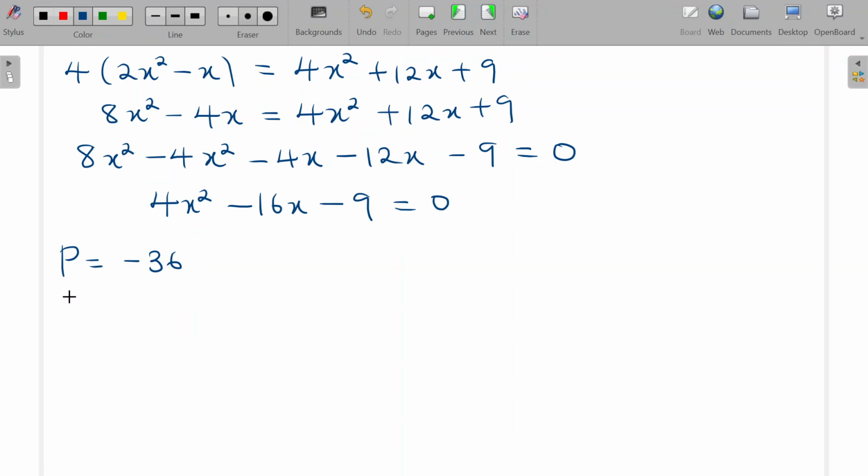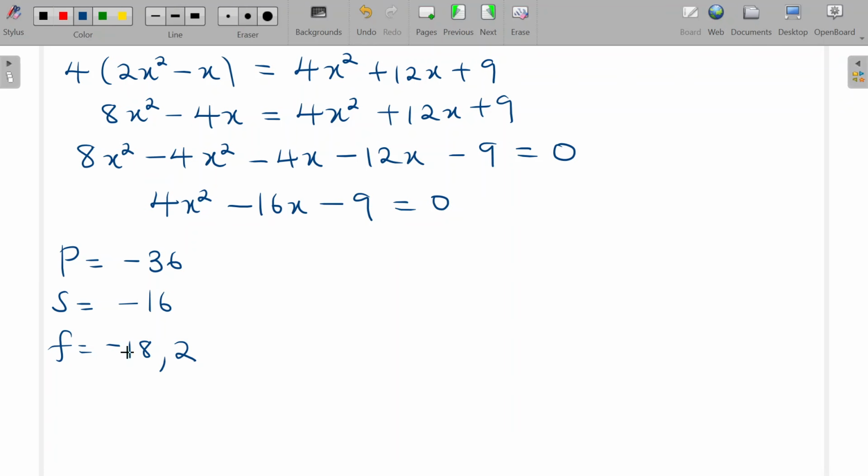What is my sum? It is the number here, negative 16. Now, what are my factors? Give me two numbers that multiply to negative 36 and add to negative 16. Those two numbers are negative 18 and 2.